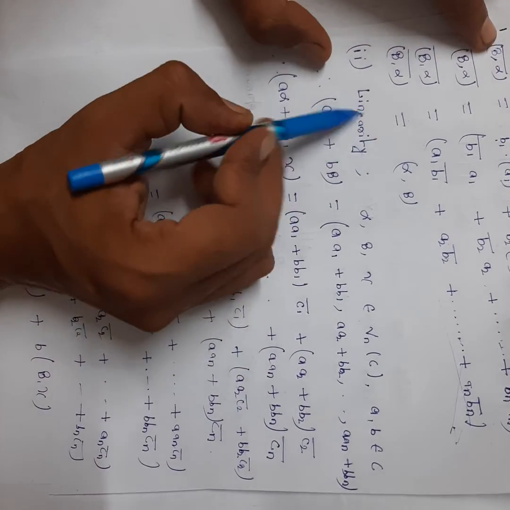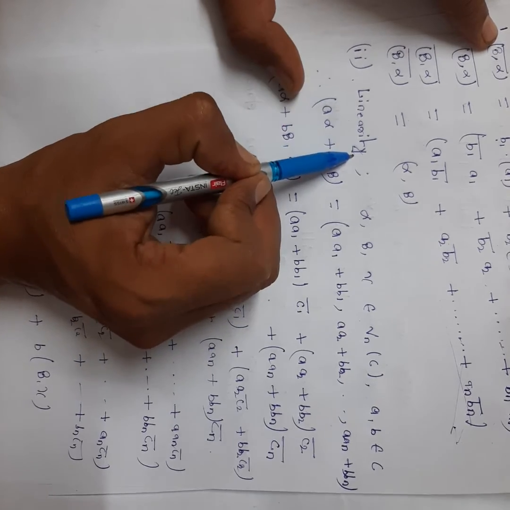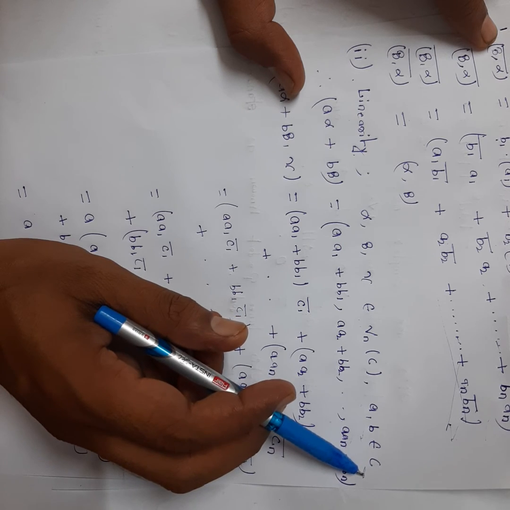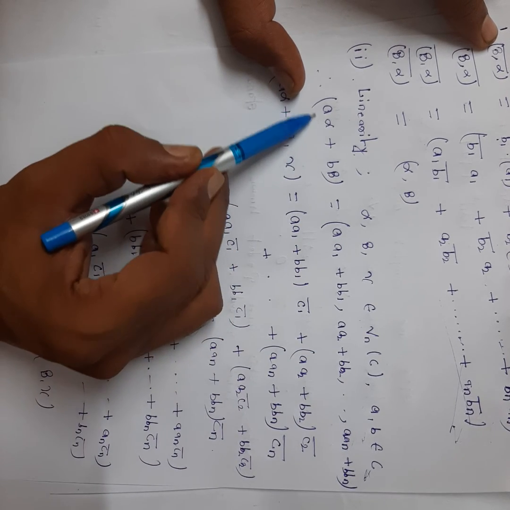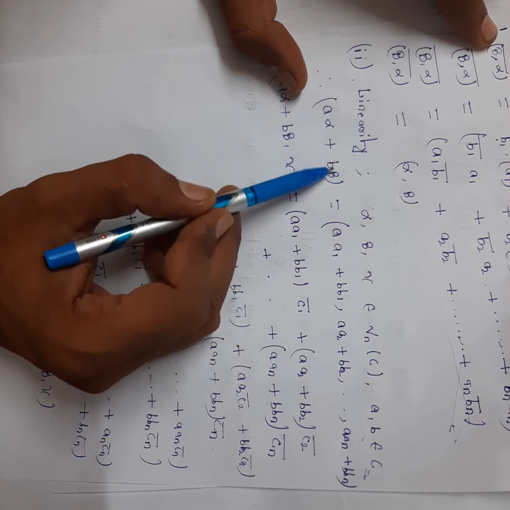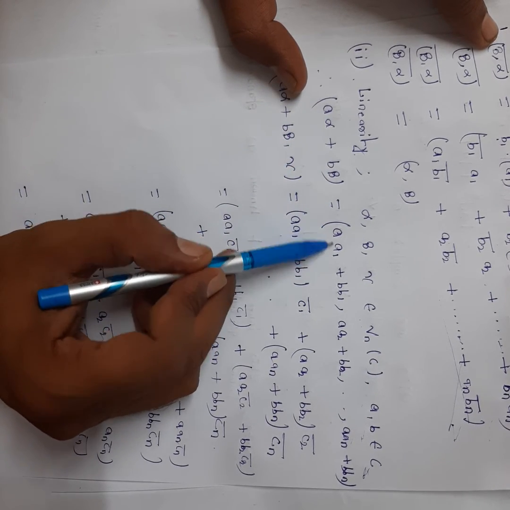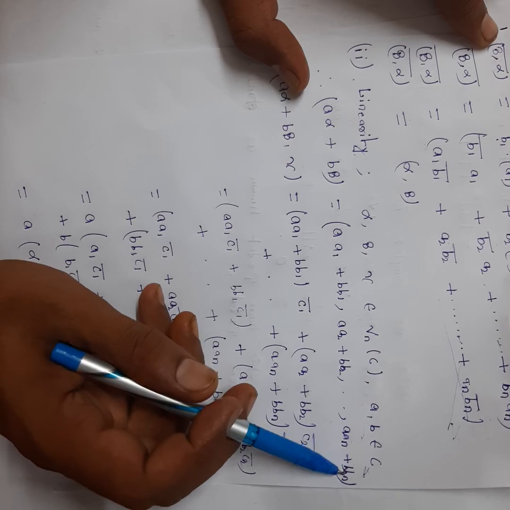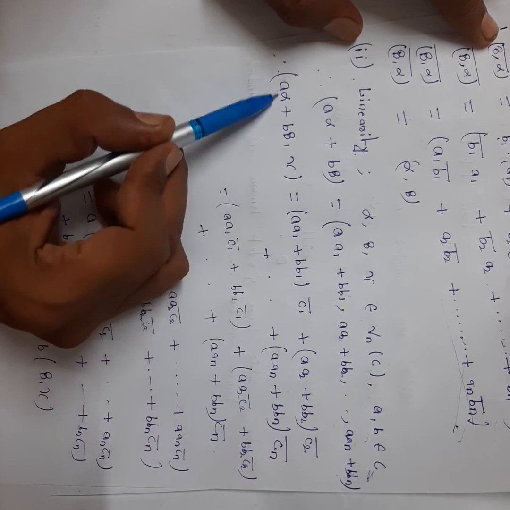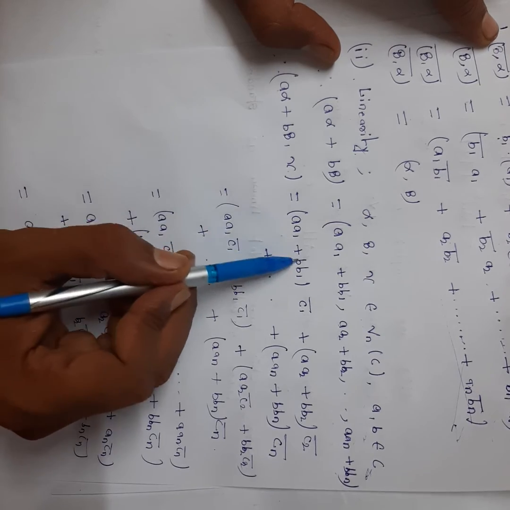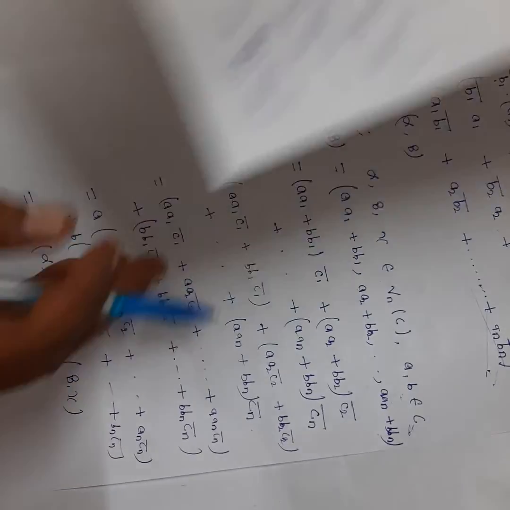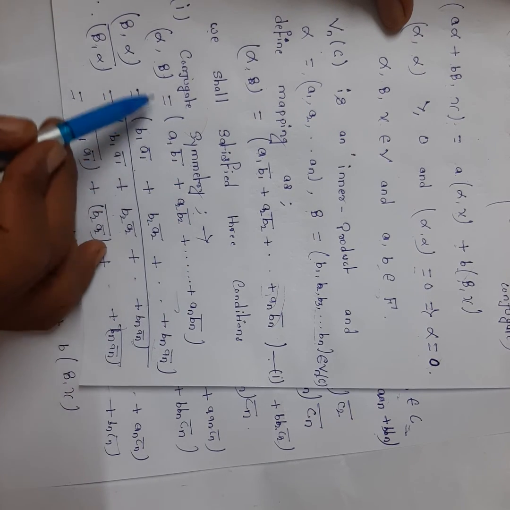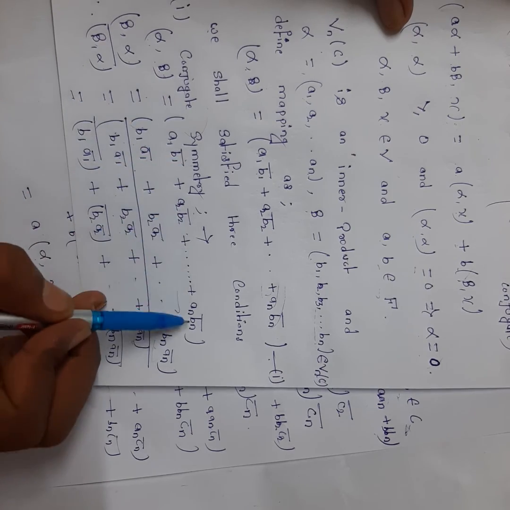Now considering condition number 2, the linearity property. Taking three vectors alpha, beta, gamma and any two scalars from the field of complex numbers, taking A alpha plus B beta, definitely A a1 plus B b1, A a2 plus B b2, up to A an plus B bn. Now considering the inner product of A alpha plus B beta with gamma, by the definition of inner product as we defined earlier: a1, a2, an are the members of alpha, and b1, b2, bn are the members of beta.